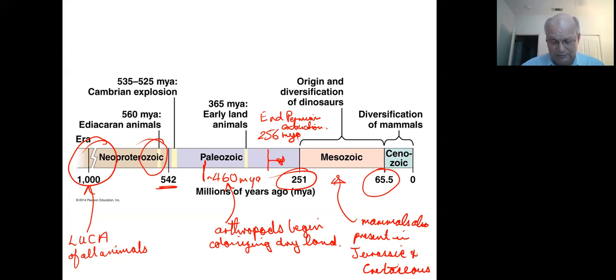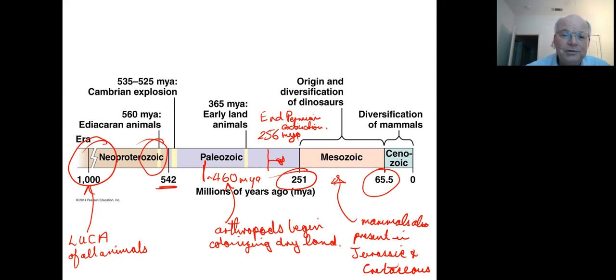So the pteranodons, the tyrannosaurs, the mosasaurs, the ichthyosaurs. They're not dinosaurs, but they're reptiles. They all go extinct in the same mass extinction. The only dinosaurs to survive are the flying dinosaurs, which would eventually become the ancestors to birds as we know them today.